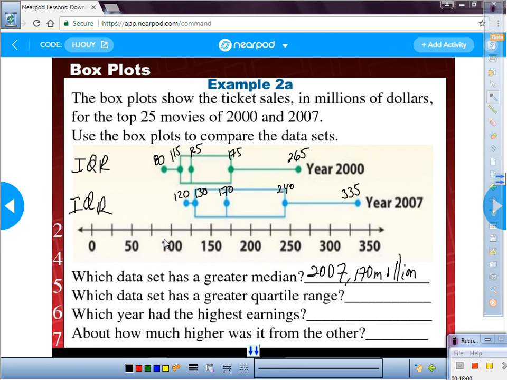Okay? IQR for the year 2000. Who can give me that? Let's see. Tony.